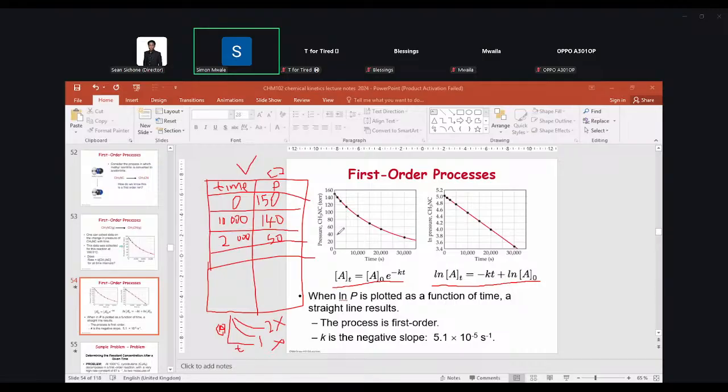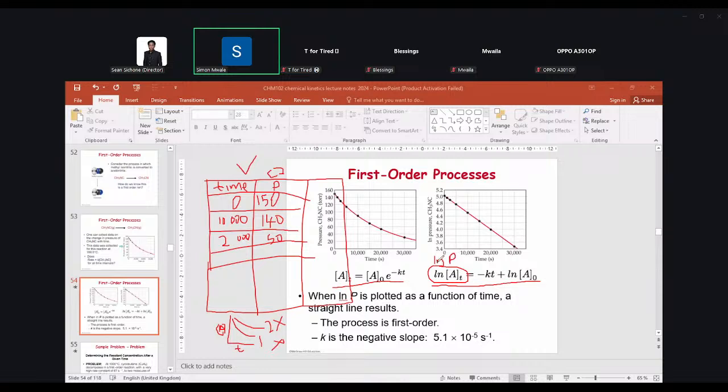Now what was done here is that you are going to extend this table, because for a first order, what you need is the natural log of concentration. In this case, since it's not concentration, you need natural log of pressure.